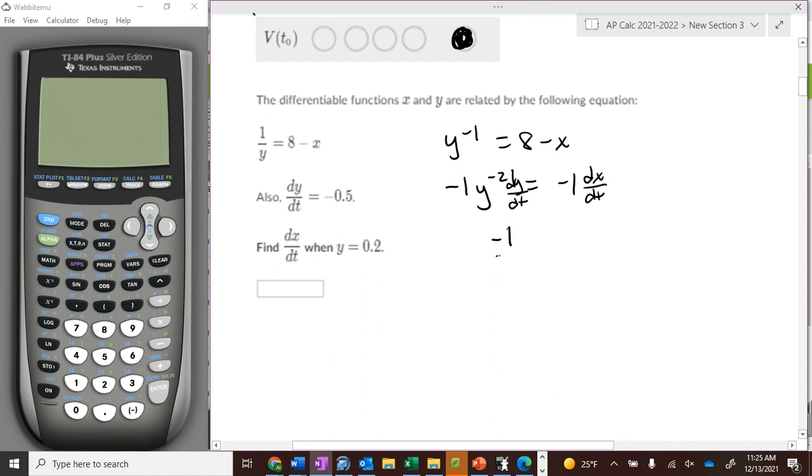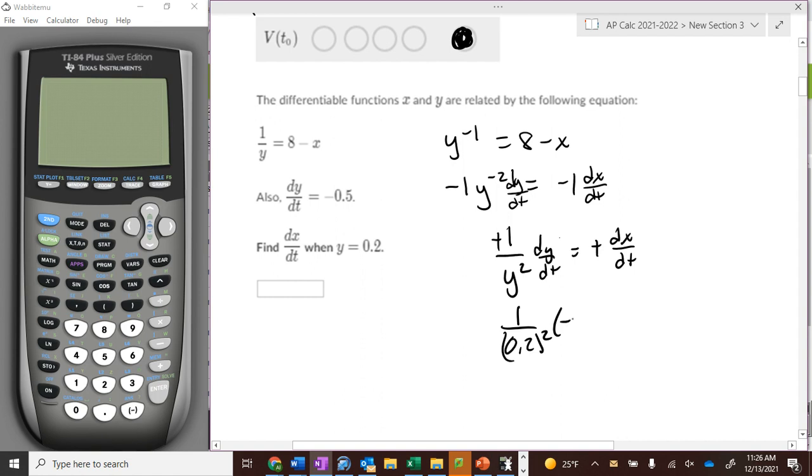So it's negative 1 over y squared dy dt equals negative dx dt. We want to find dx dt. So we multiply both sides by negative 1, so that becomes positive. Okay? 1 over y squared is 1 over 0.2 squared times negative 0.5.